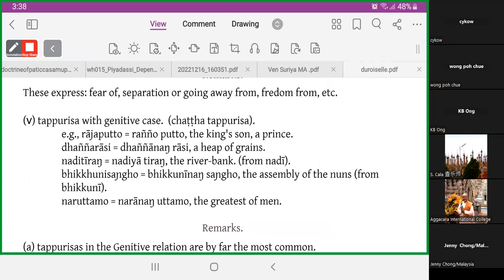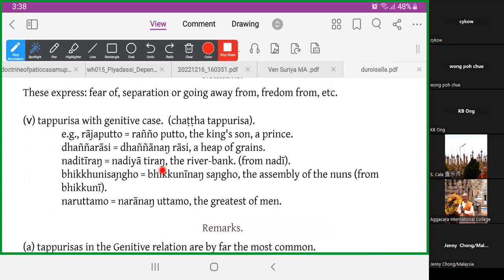Now you know it's a genitive case, right? So any genitive case in the first member, this is genitive case, this is also genitive case, this num is genitive case, Ranyo is also genitive case. So when you combine, you drop all the genitive endings. The easiest one, you drop the num here, so it becomes Danya Rasi.